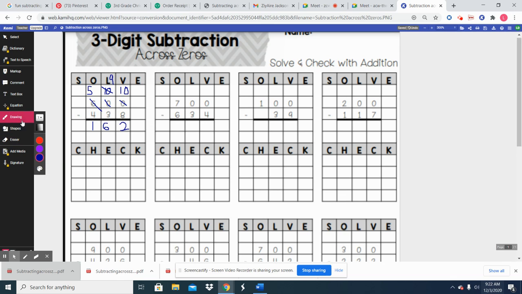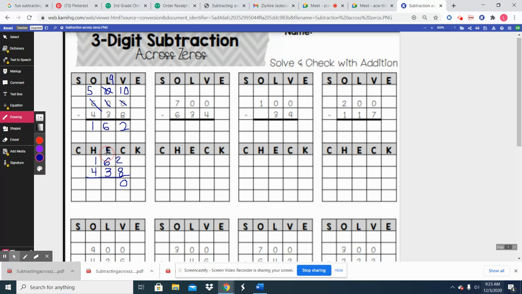And there you go. So now I'm going to check by adding 162, my answer, to 438. Two plus 8 is 10.